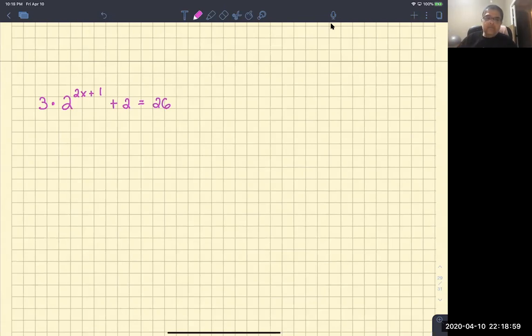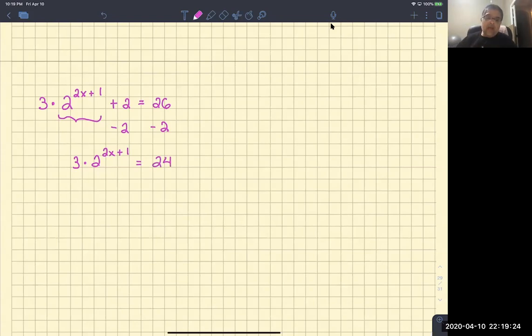Three times 2 to the 2x plus 1, plus 2. So again, the first step is to isolate this guy. So we're going to subtract 2. Remember, we add and subtract whatever's around it, then we multiply or divide. So we subtract 2 from both sides. We get 3 times 2 to the 2x plus 1 equals 24.